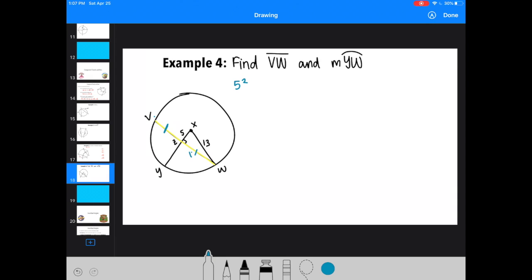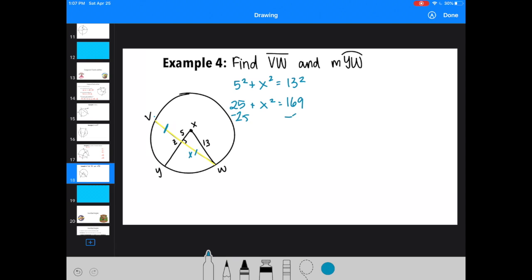So I'm going to take 5 squared. I'm going to make this x. 5 squared plus x squared equals 13 squared. So 25 plus x squared is equal to, isn't that 126? Let me just double check. 169.